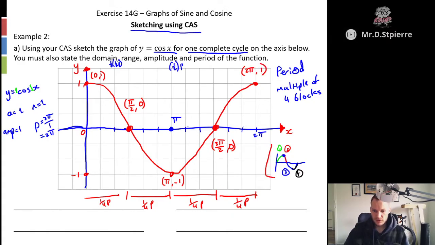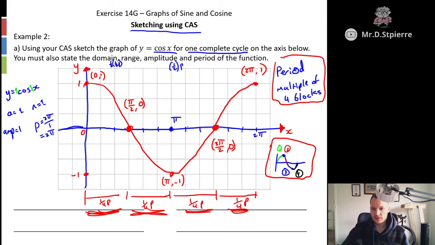So this idea of a sine or cos graph having 4 parts within the cycle is really handy, because once you know the period, you can divide that period into 4, and that gives you these gaps here. That's also why you try and sketch where the period is a multiple of 4 blocks.